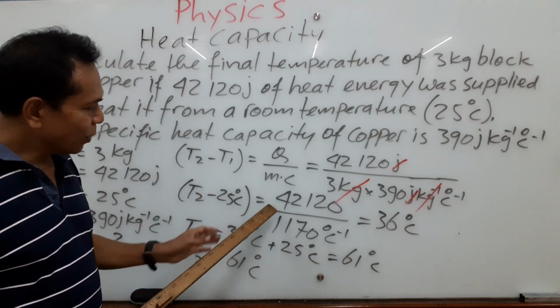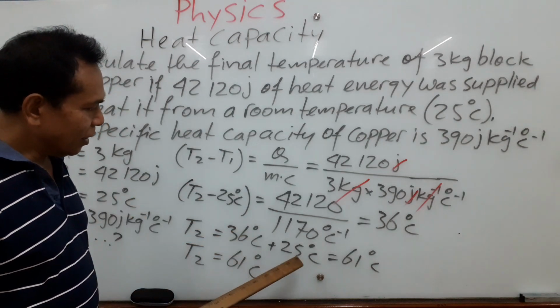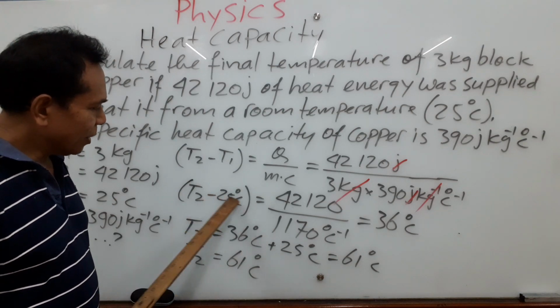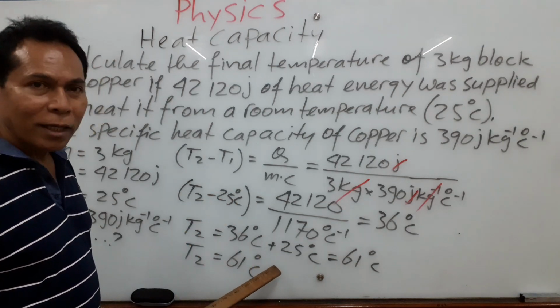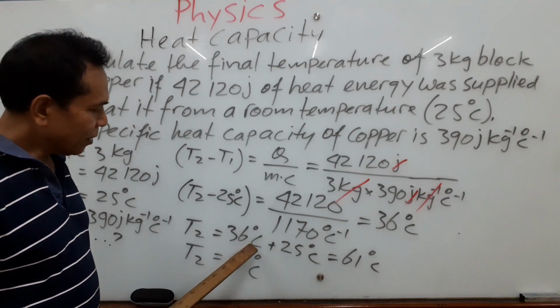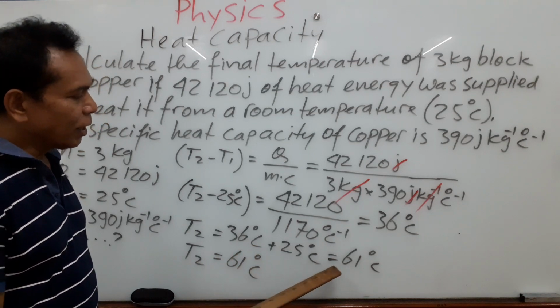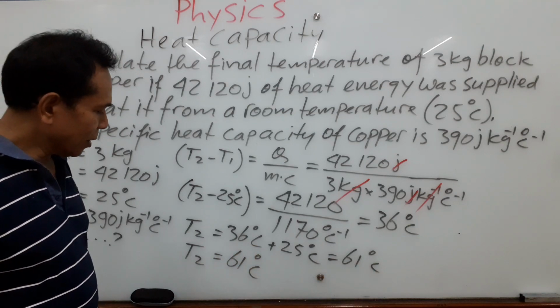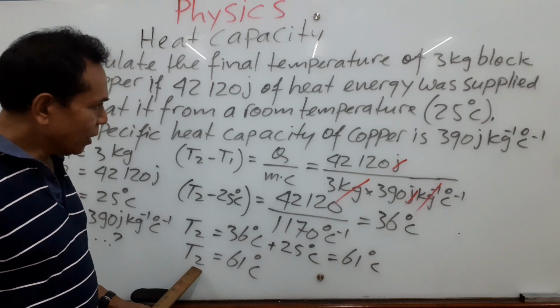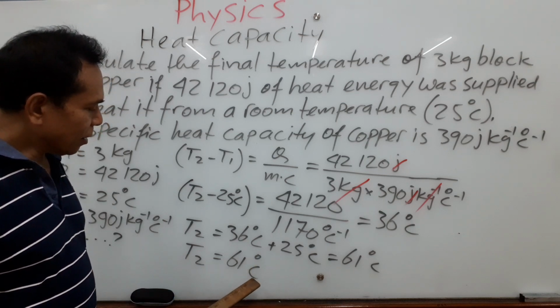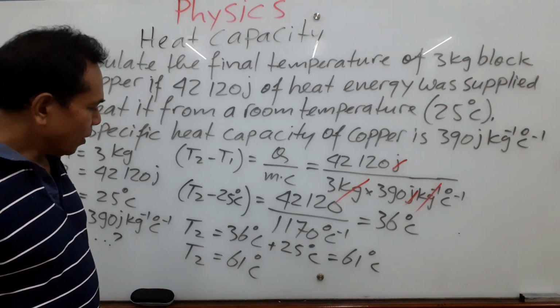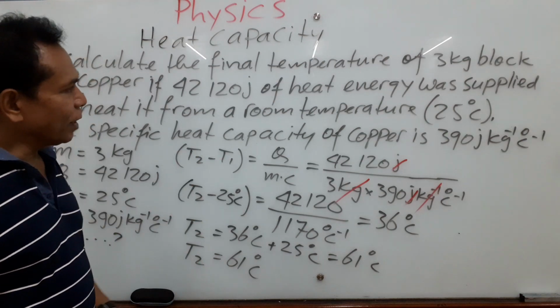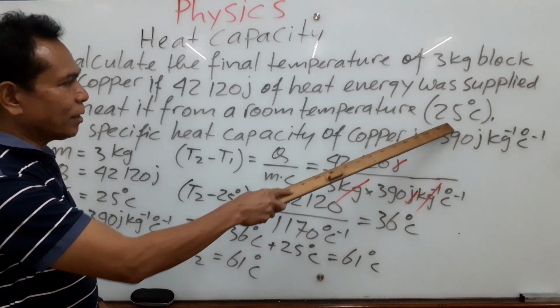We bring it over to the other side of the equal sign. It becomes plus. So 36 degrees Celsius plus 25 degrees Celsius equals 61 degrees Celsius. So the final temperature is 61 degrees Celsius, for the heating of the copper from 25 degrees Celsius.